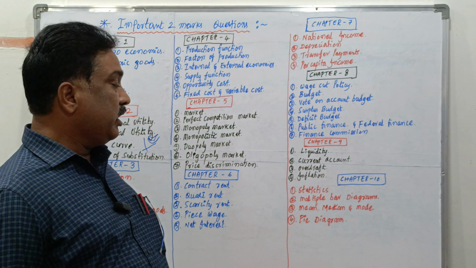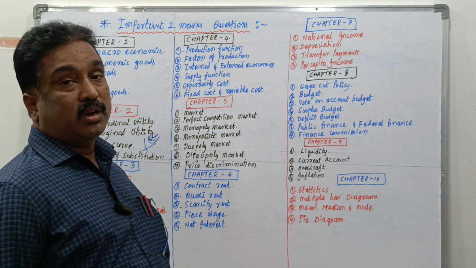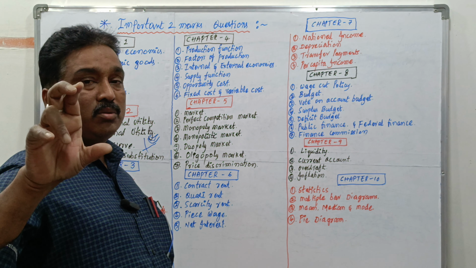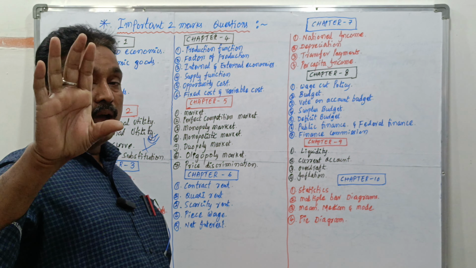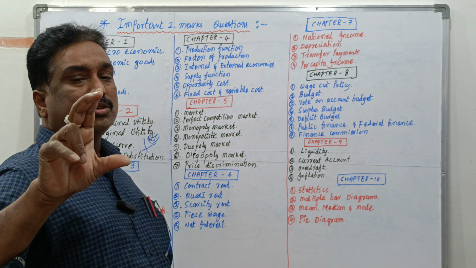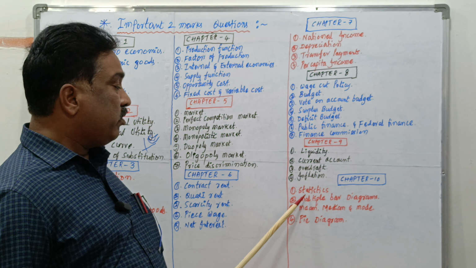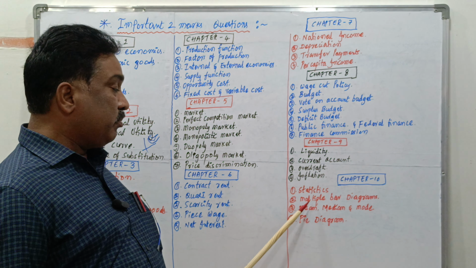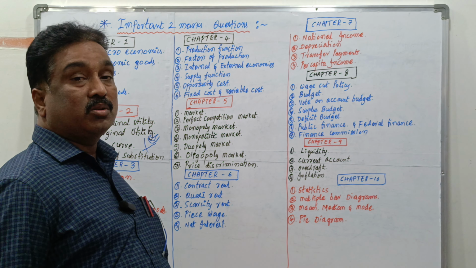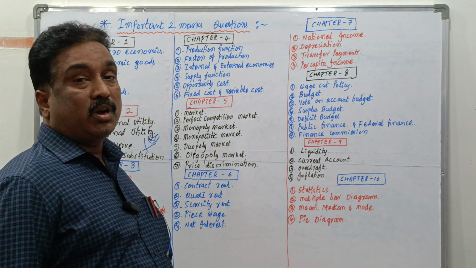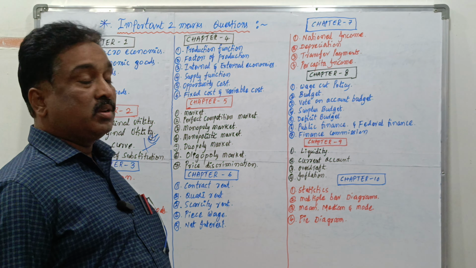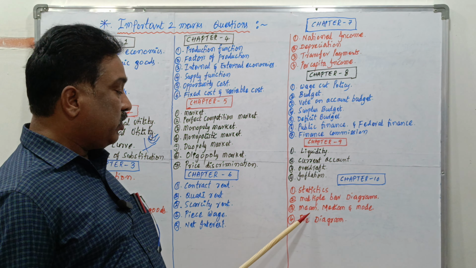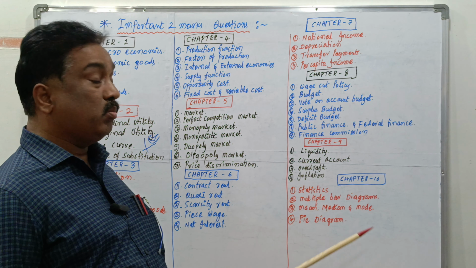And chapter number 10. There are a number of questions, but from the examination point of view, according to the blueprint, I selected only some important questions. What is the meaning of statistics? What is the use of statistics? And multiple bar diagram, we have to show a multiple bar diagram. And pie diagram, what is a pie diagram? What are mean, median, mode?